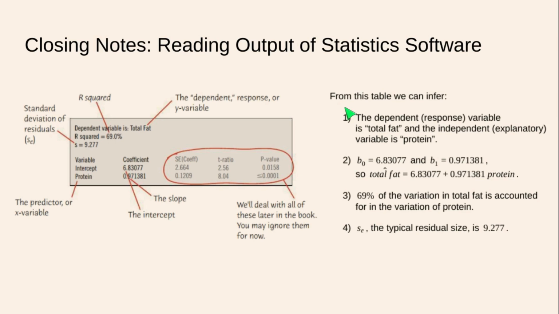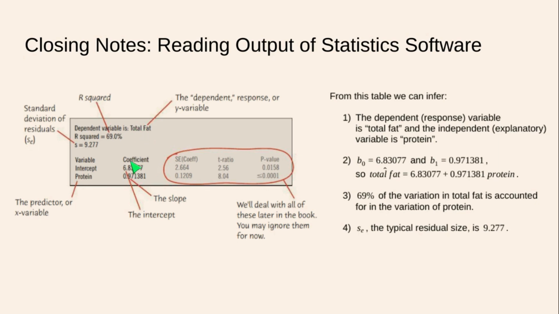So from this table, that's this guy over here, we can infer the dependent or response variable is total fat, and the independent or explanatory variable is protein. Now, where are those located? Well, up here it says dependent variable is. Well, that's a clear sign. There's your y variable. Those are the values we are predicting using the regression line.